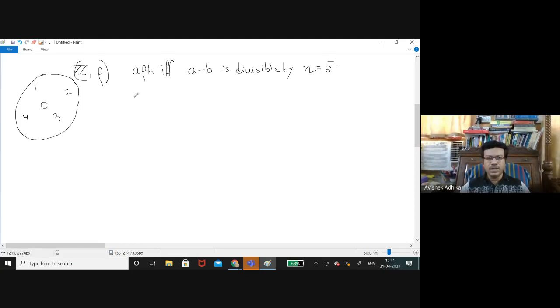Then you can understand that 1 and 6 are related, because 1 minus 6, that is minus 5, is divisible by 5. Similarly, 10 and 30 are related, because 10 minus 30 is minus 20, which is divisible by 5. So very easily you can check that this relation is an equivalence relation.